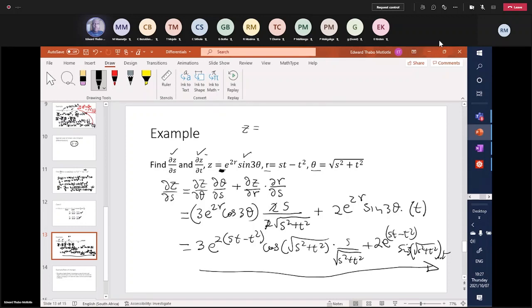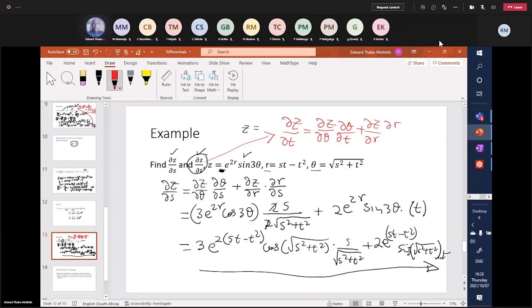So for dz/dt, you'll use the same approach. dz/dt is equal to differentiate z partially with respect to theta. We differentiate theta with respect to t. We differentiate z partially with respect to r.